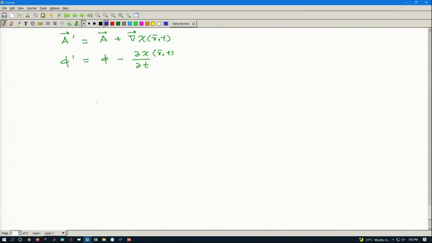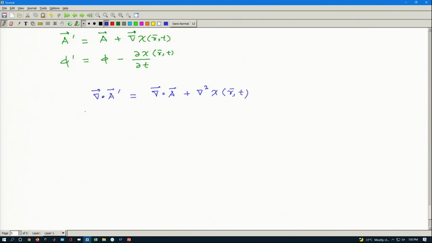Now, next, if I take the divergence of A prime, the right hand side should be the divergence of A plus the Laplacian of this function.